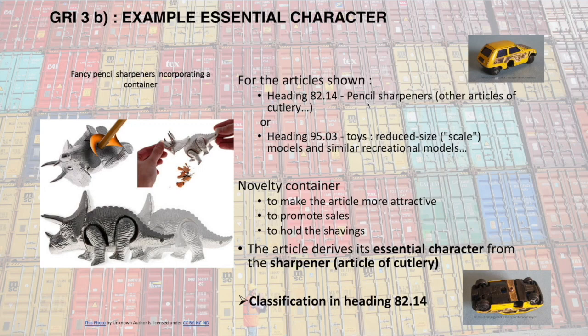It can also promote the sales of this product. Despite the above, the article derives its essential character from the sharpener, which is an article of cutlery, and therefore, according to this rule, the product will be classified under heading 8214. Let's see another example.